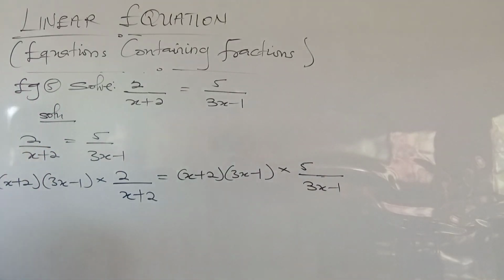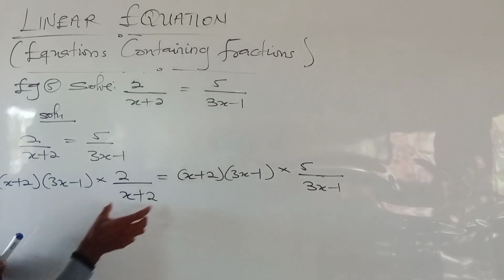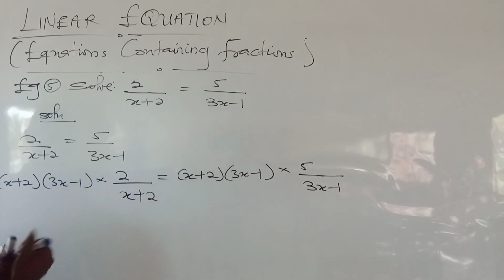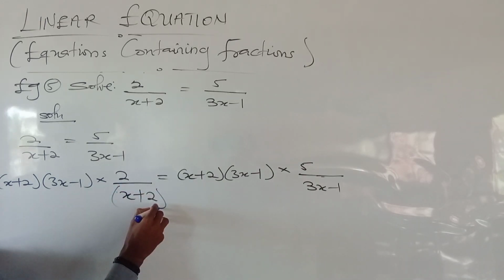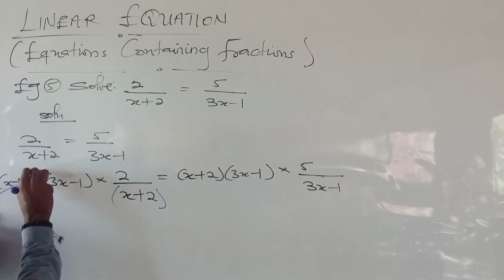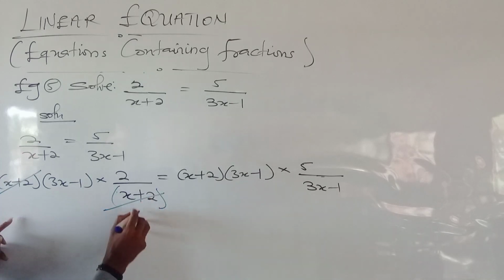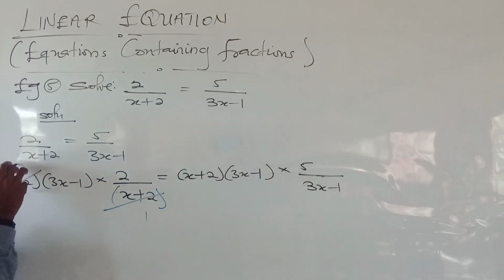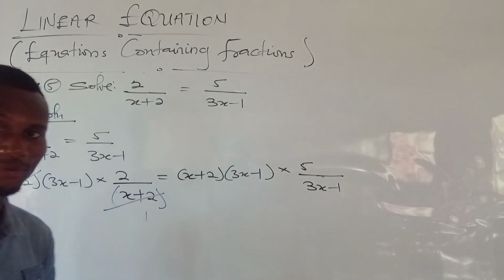Not difficult. Now you can see that I have s plus 2 here, and this is also s plus 2. So this s plus 2 down here will cancel the s plus 2 here. They will cancel away, one for one. Hope you agree with me.